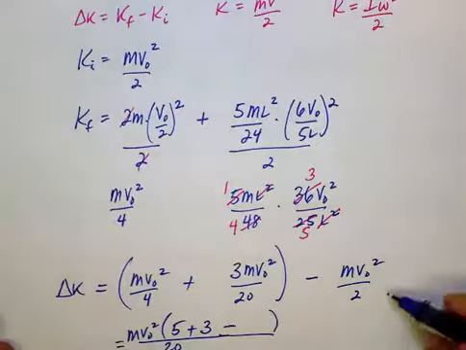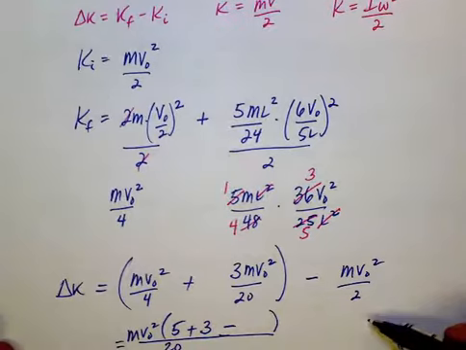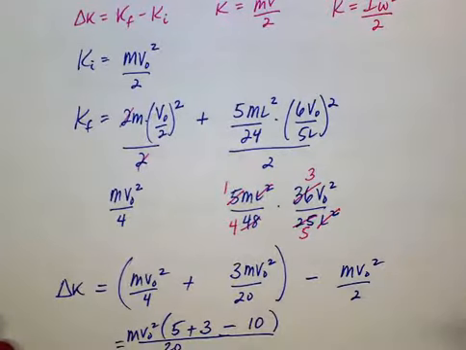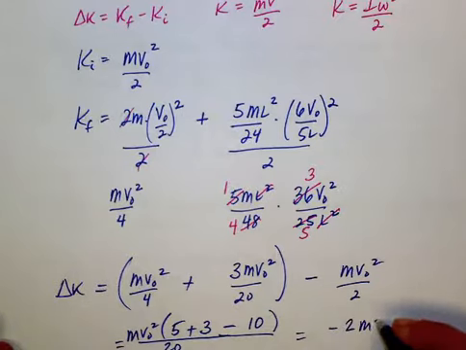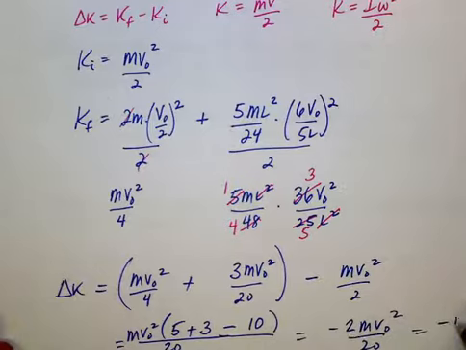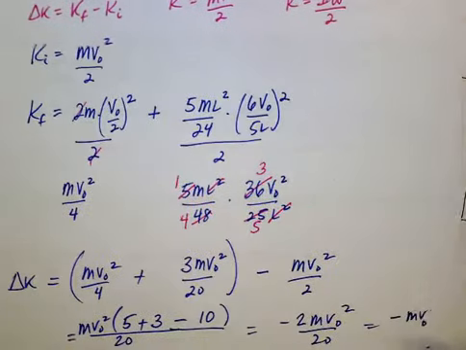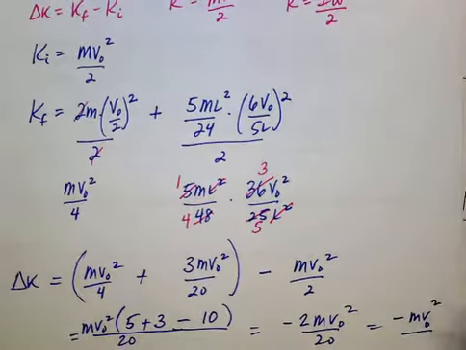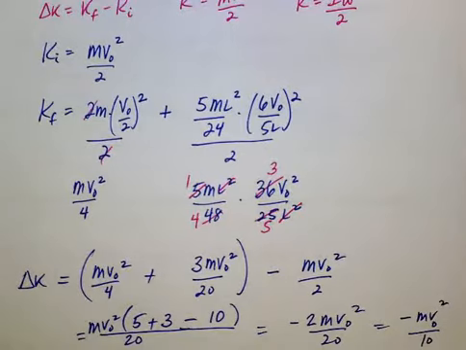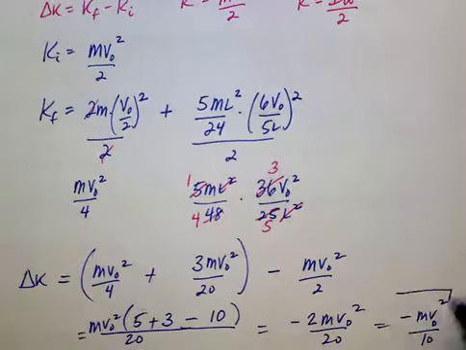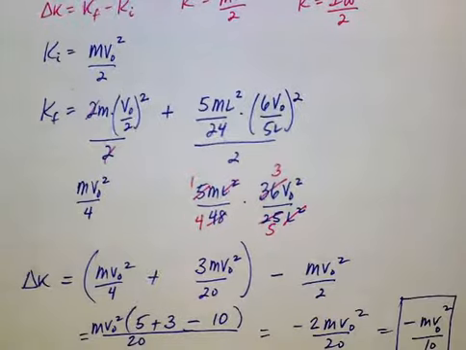And then this would be 10 over 20. So we have negative 2 m v sub o squared over 20, or negative m v sub o squared divided by 10. So that's our change in kinetic energy using the variables given in the problem.